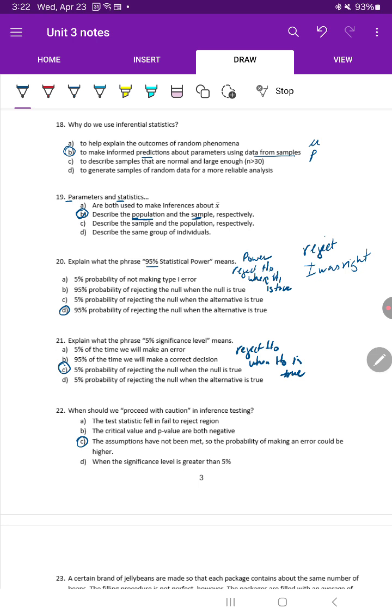So I have a 95% probability of rejecting the null when the alternative is true. So I rejected the null, the alternative was true, so I was right.